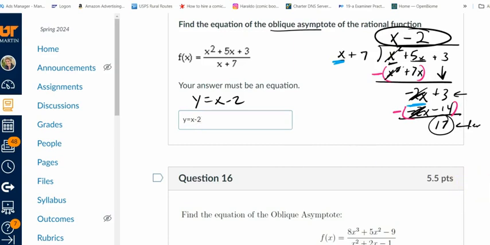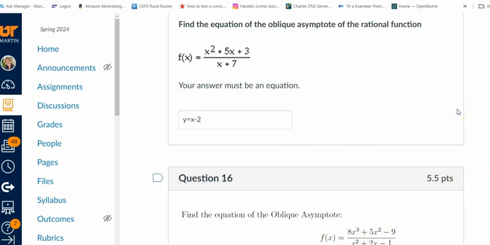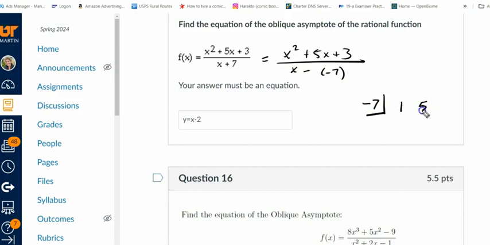Now, I could have used synthetic division. For synthetic division, the denominator just needs to be x minus a number. So x minus the number in the box. So I'm just setting it up for synthetic division.